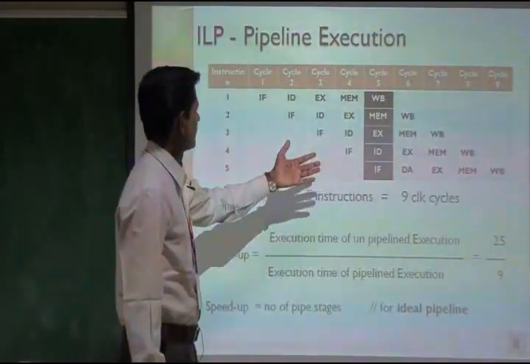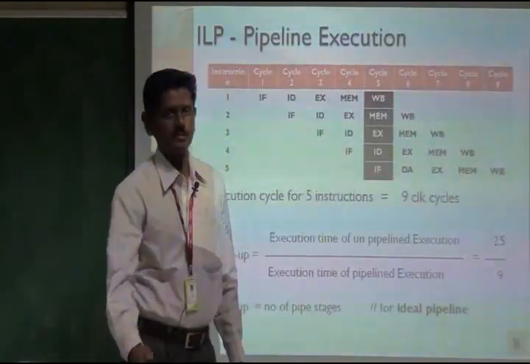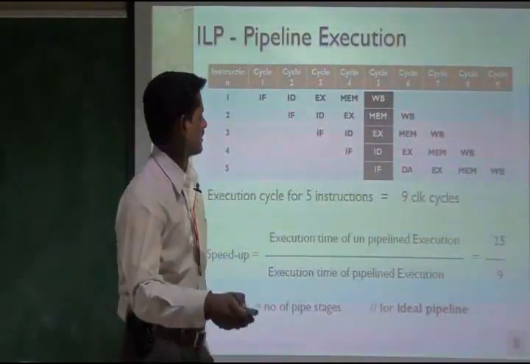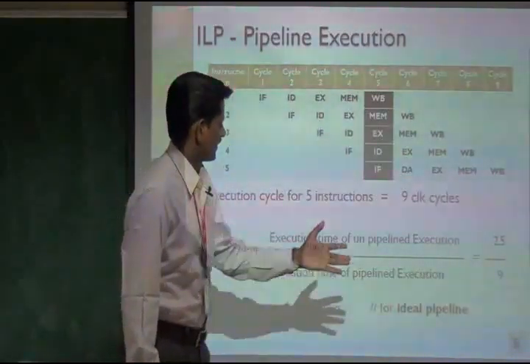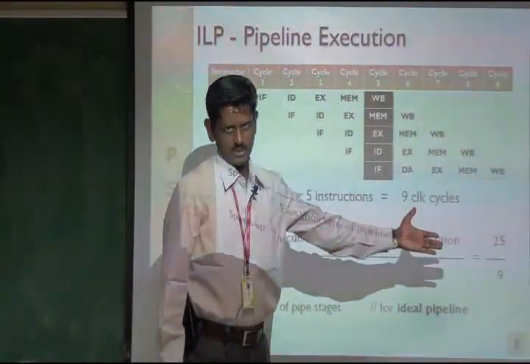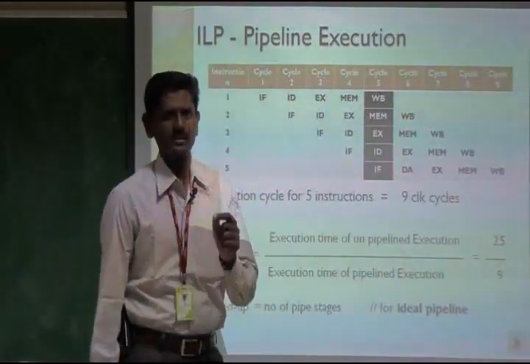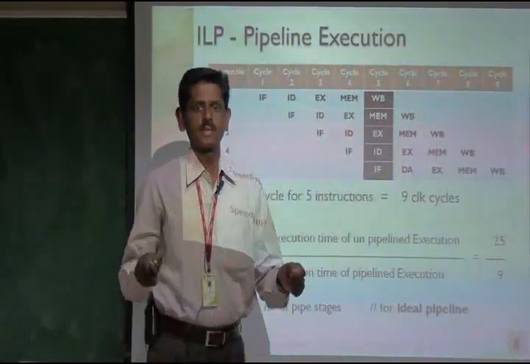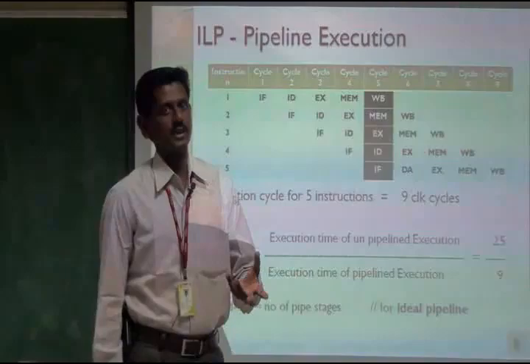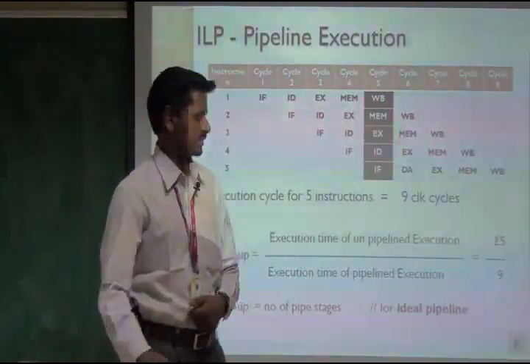In RISC architecture, we have 5 stages, that is IF, ID, execution, memory and write back, so that we can yield this much speed up. Whereas if you go for CISC architecture, complex instruction set computer architecture, the number of pipe stages is 10, so that much more speed up can be obtained in CISC architecture.